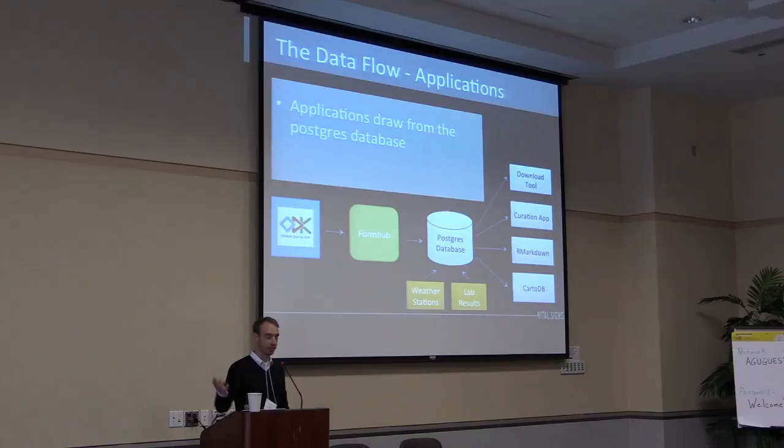We have outputs in R Markdown, which a lot of our staff are familiar with, since they know R. It's a very easy package in R for quickly visualizing results in HTML and making a quick web page if you don't know anything about web development but you have a data science background. R Markdown's cool. And we also visualize some results in CartoDB, which is an open source framework package for mapping.